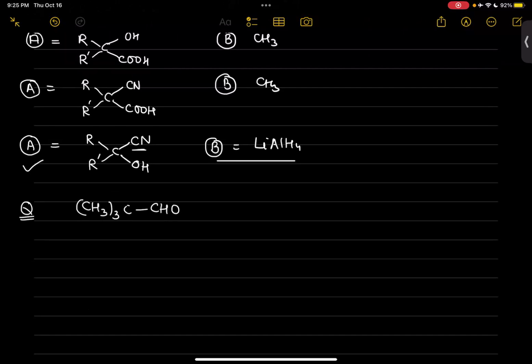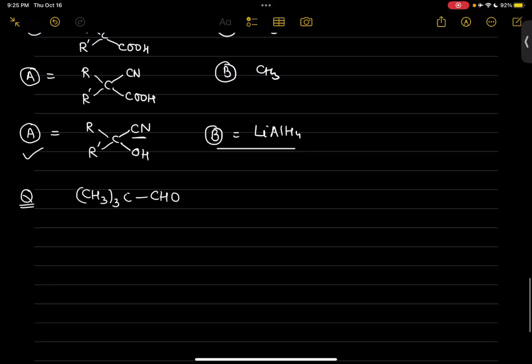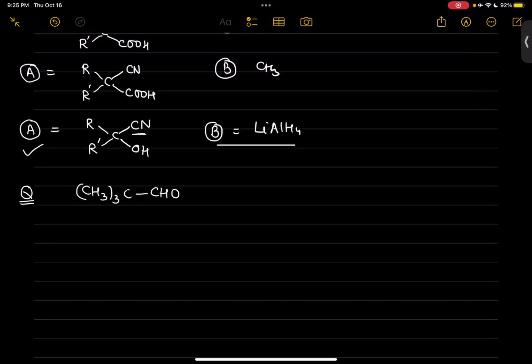Does this compound, can it undergo aldol or not? You can yourself make out because it is a very easy question. And the question which was asked in NEET says that it does not undergo aldol condensation. And it has given various options.